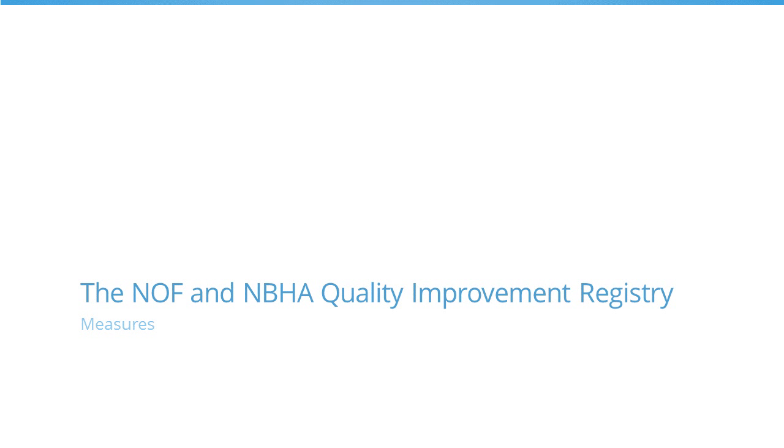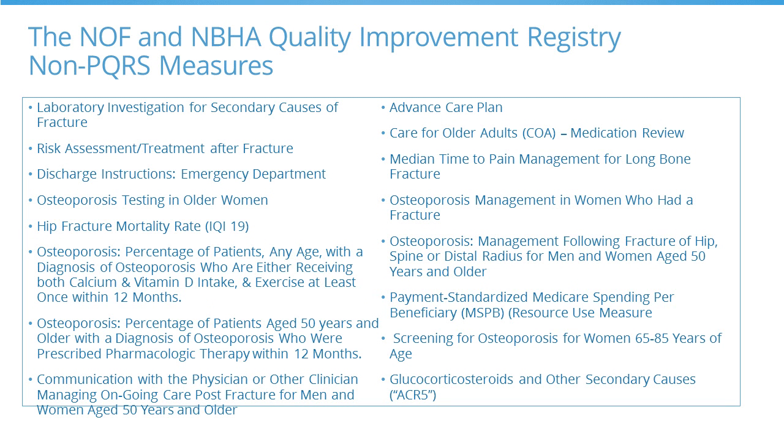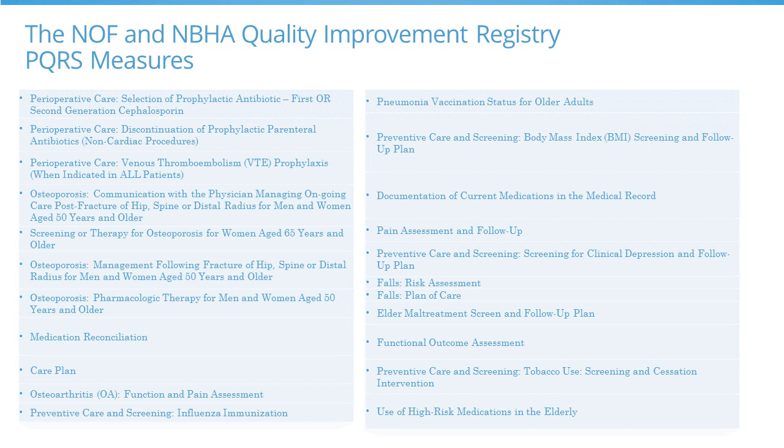We will now review the measures available within this registry. The NOF and NBHA Quality Improvement Registry is comprised of 38 quality measures. The 16 non-PQRS measures are listed within the table on this screen. The PQRS measures available within this registry are available on this slide.